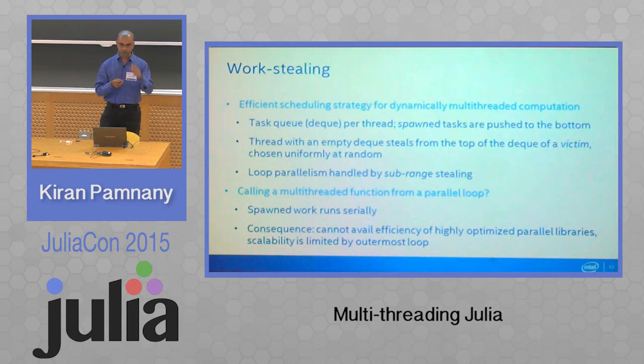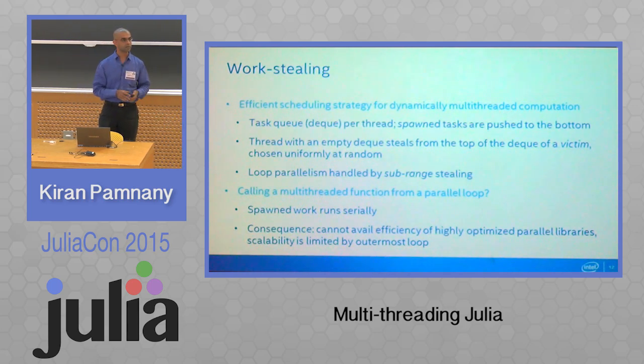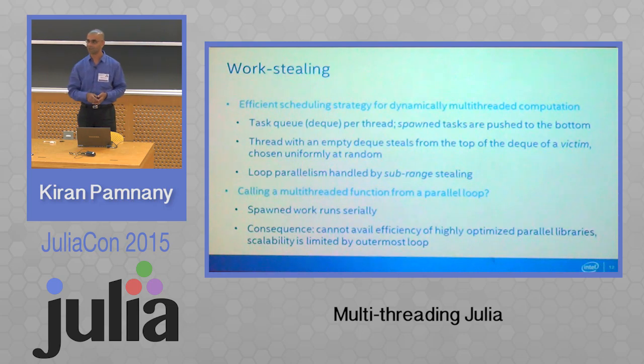When a thread's deque is empty, it randomly picks a victim thread and tries to steal from the back of it. This is roughly how work stealing works, and you may have heard of Cilk, which came out of MIT originally. That's essentially what Cilk does.